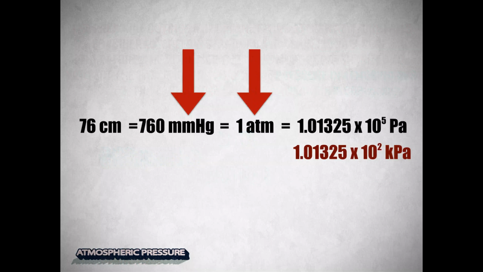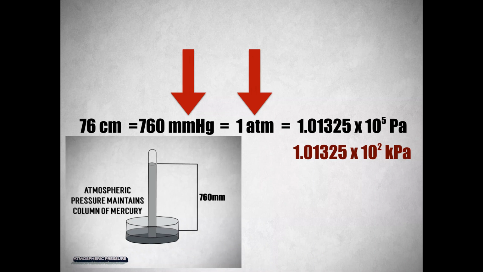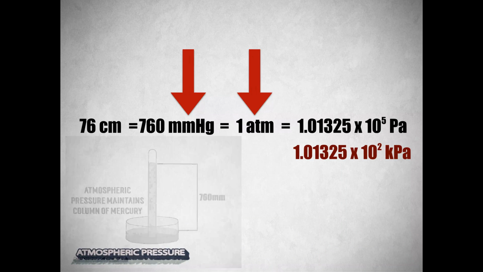So let's take a look now. 760 millimeters mercury, the conversion factor to atmospheres, is 1 atmosphere. So per 1 atmosphere, we get 760 millimeters mercury. If you recall from the previous video how we derived this, and if you don't, I invite you to watch the third video in this series.